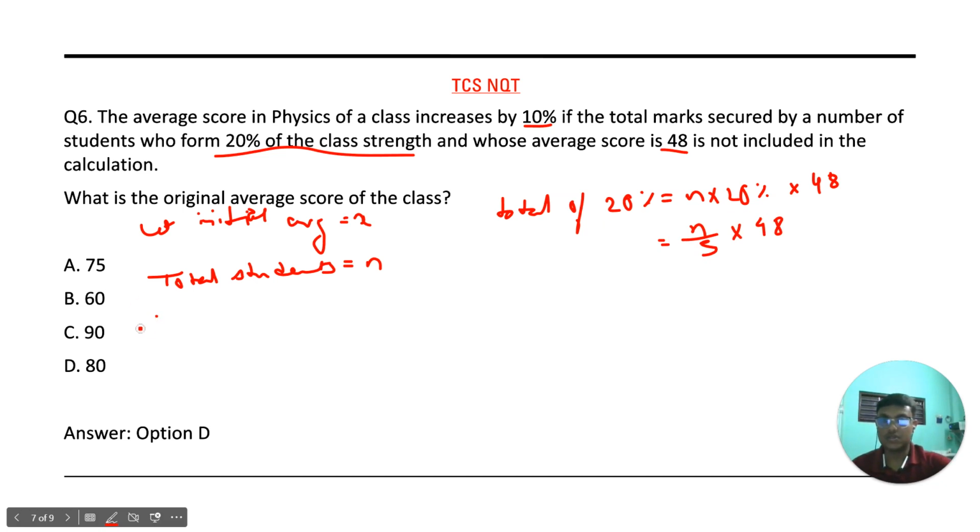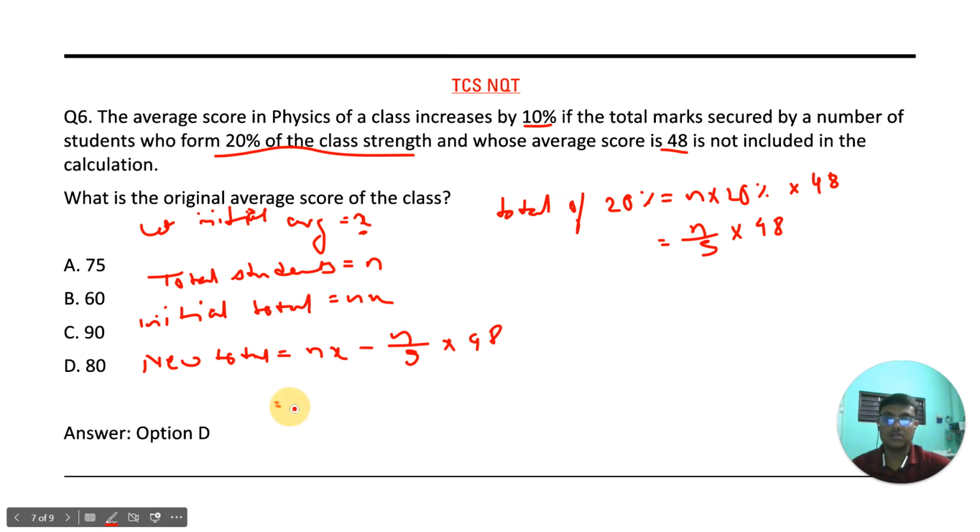Now, initial total was equal to, as x was the average, so initial total would have been nx. Now, new total after excluding the 20% students would come out to be nx minus n by 5 into 48, which is equal to n by 5 into 5x minus 48.